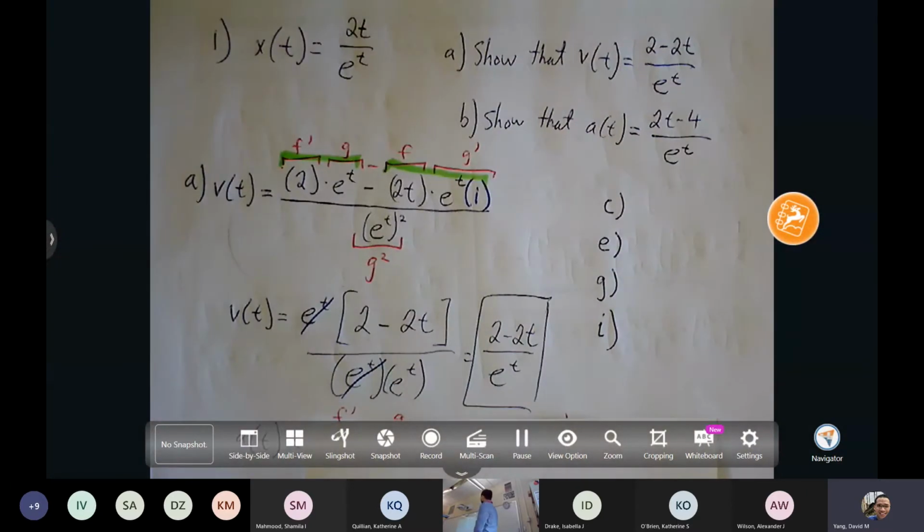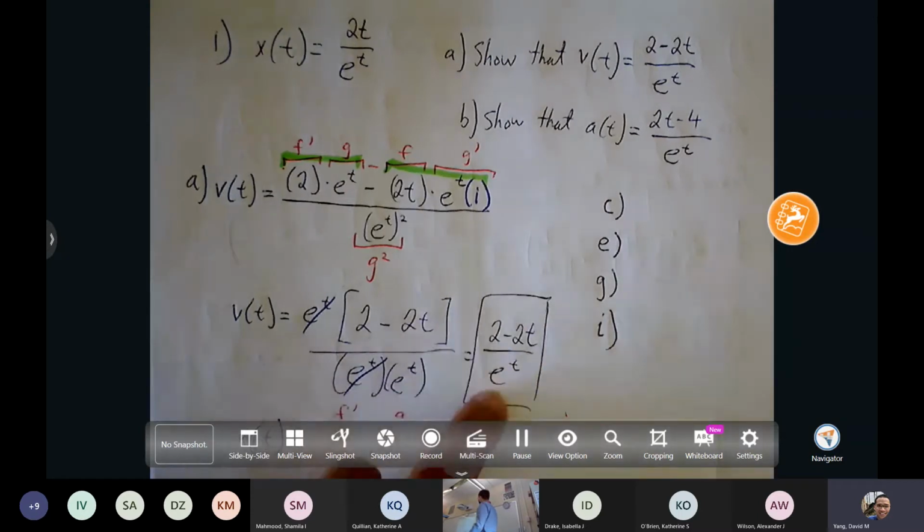Okay, are we good with velocity here? So from velocity, we get to acceleration. Again, we do quotient rule, f prime g minus f g prime all over g squared.